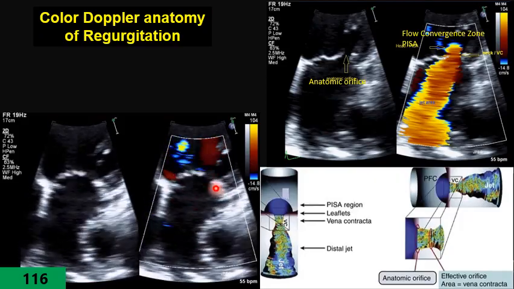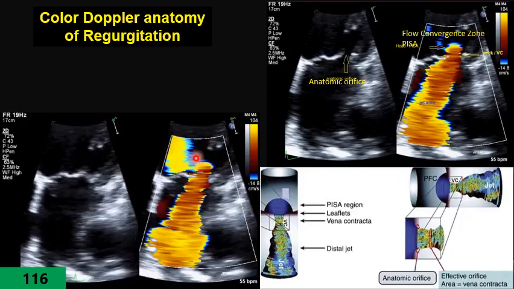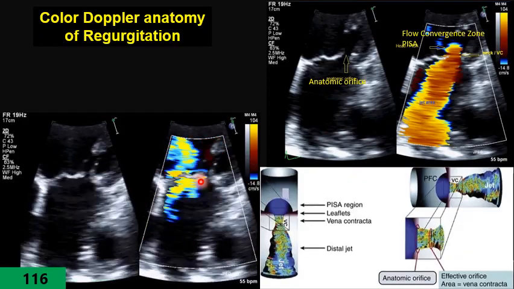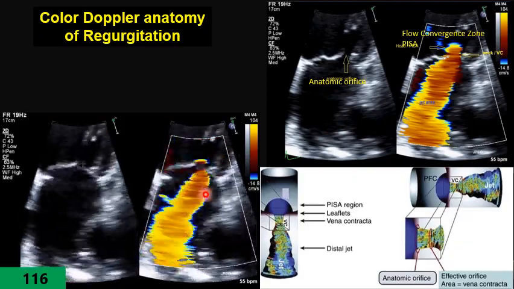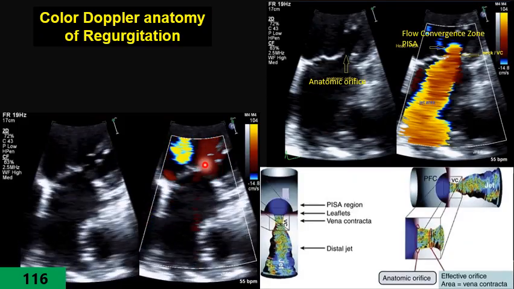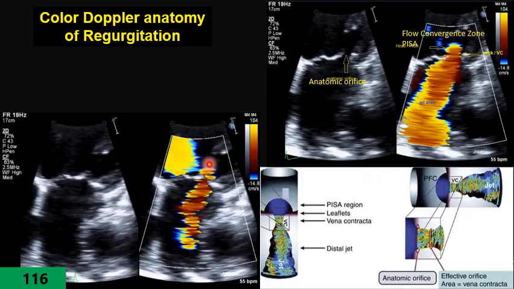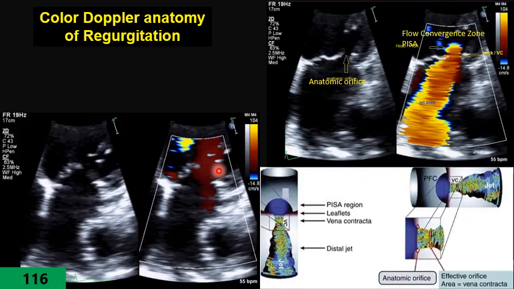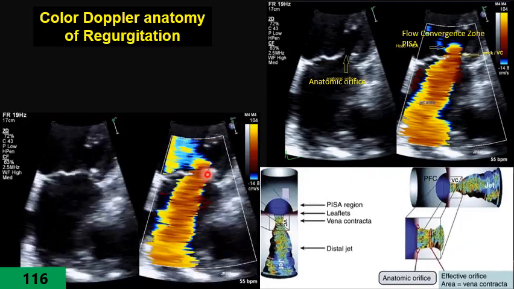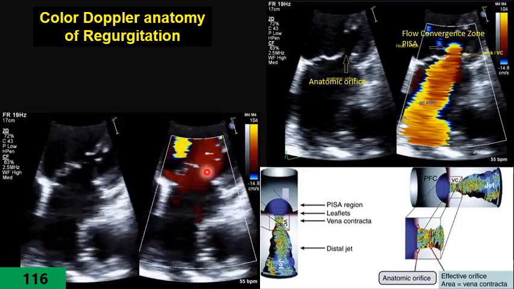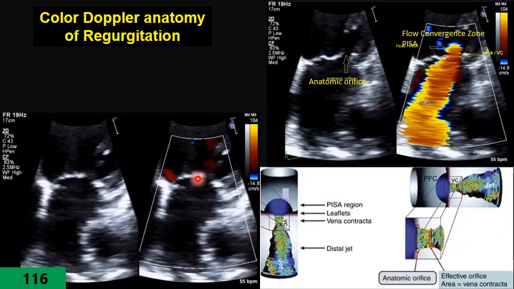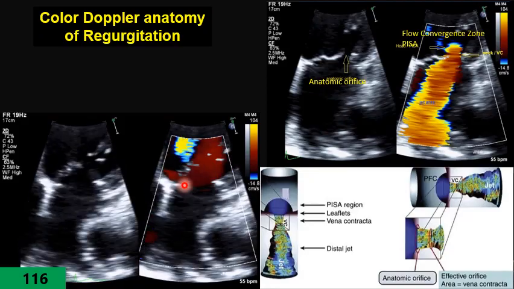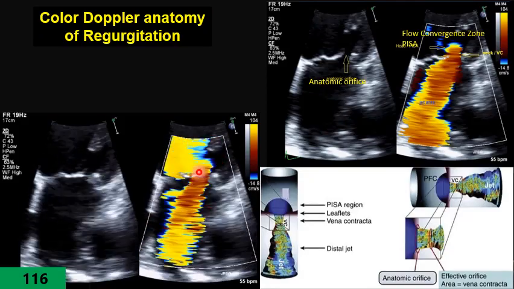At micro level, we have turbulent blood flow everywhere. But at macro level, we have laminar or radial flow. At the PISA, we have radial direction, not velocity, direction. At the neck, we have a laminar, almost plug pattern of blood flow. At the jet body, we have a turbulent pattern. And beyond the jet area, we have eddy flow.